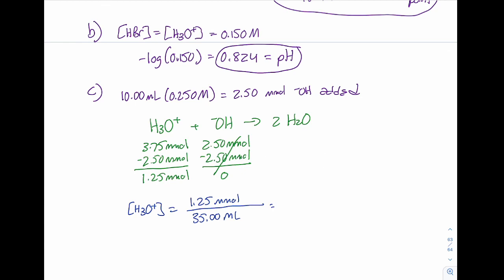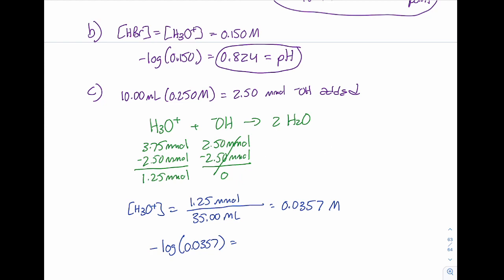So 1.25 divided by 35, I get 0.0357 molar. And then just the negative log of that number. And that will give me my pH.